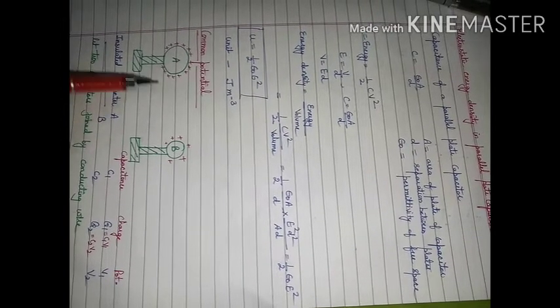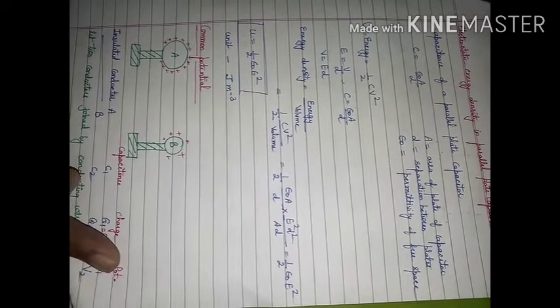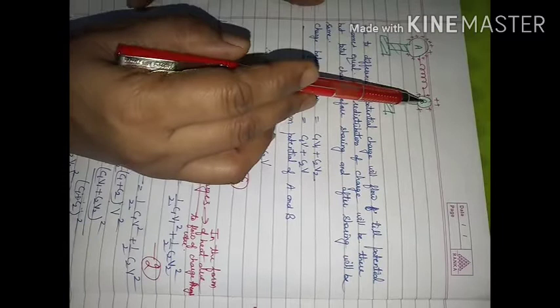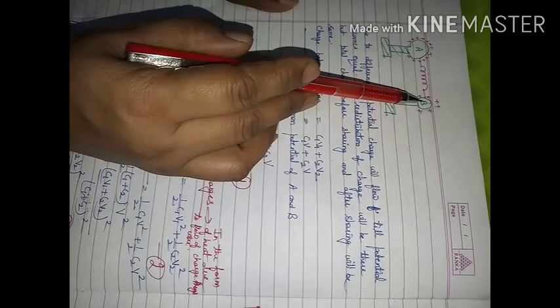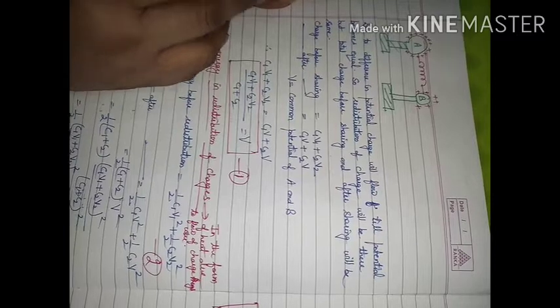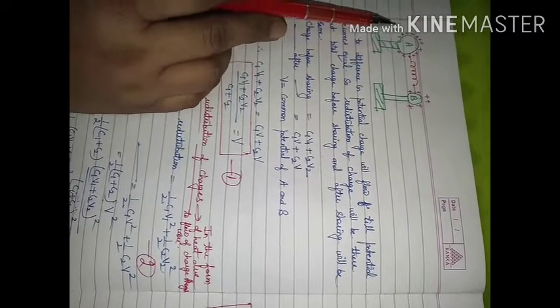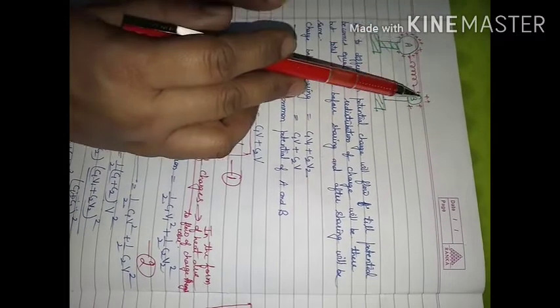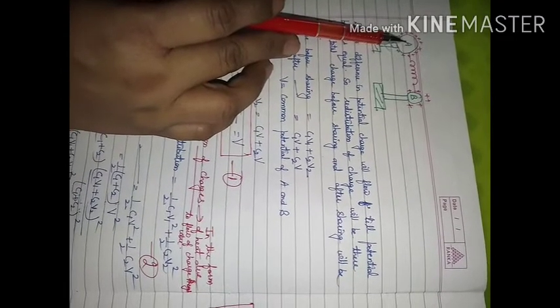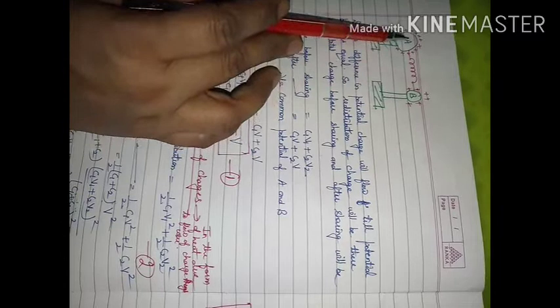And when we join the two conductors with a wire, what will happen? This is at higher potential, this is at lower potential. So flow of charge will take place from one to another due to the difference in potential. This is at higher potential, so electrons from this will start moving towards this side. For example, 4 electrons are moving.